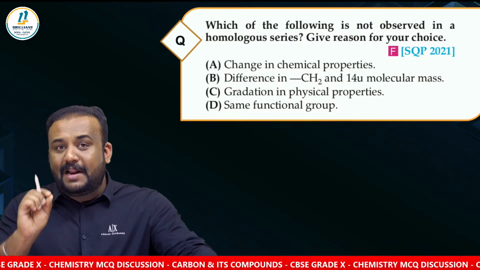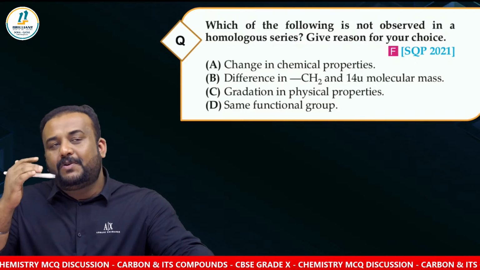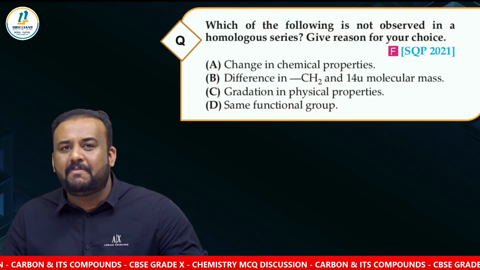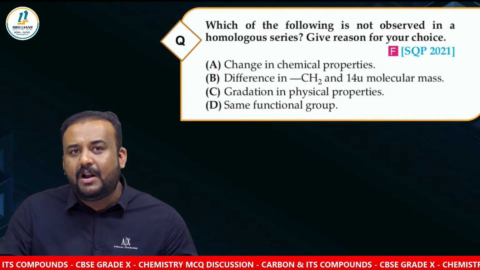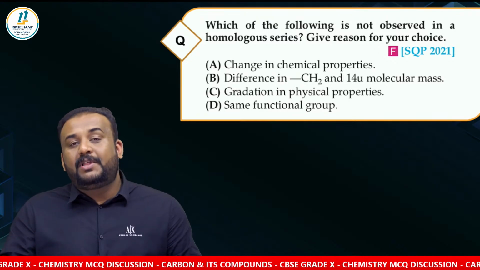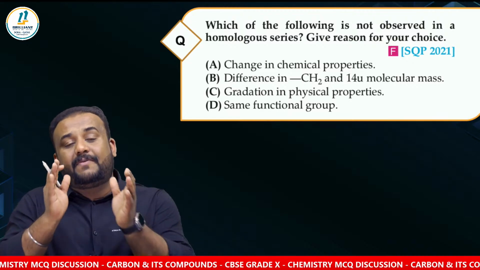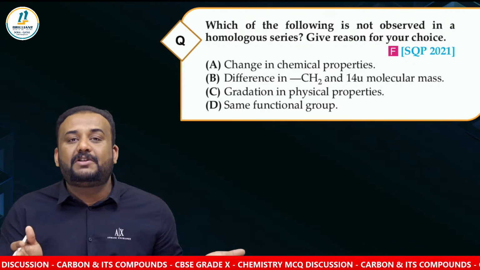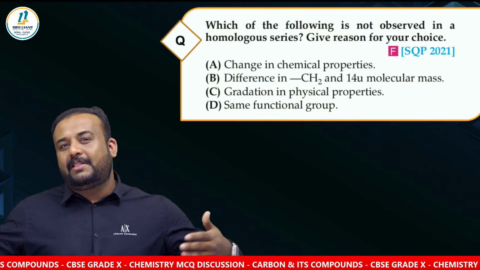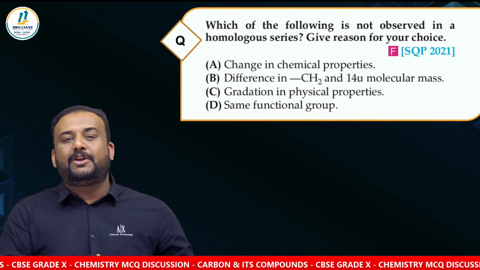Remember that point. The second point is, if you take the members in a given homologous series, their physical properties are not going to be the same. For example, methanol and ethanol differ in their boiling points. Why? Because physical property is not dependent on the functional group; it is dependent on the length of the carbon chain. Ethanol has 2 carbons, whereas methanol has only 1 carbon.